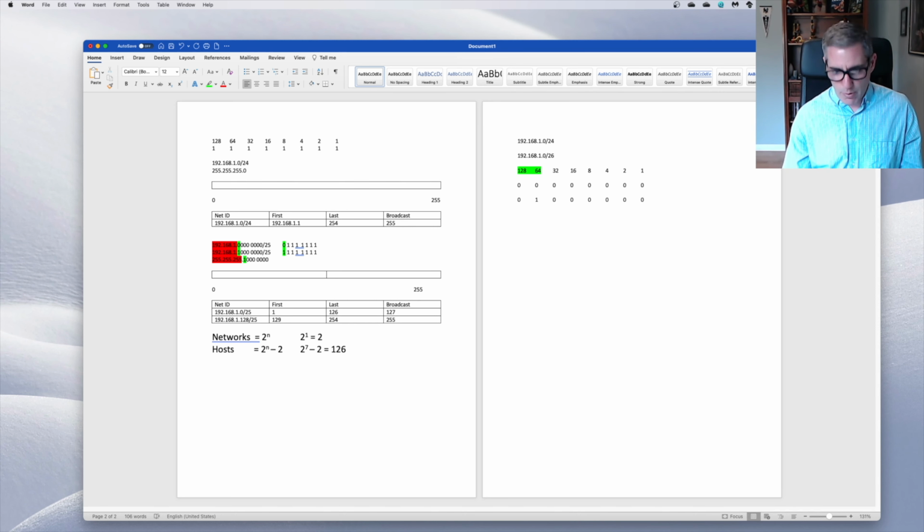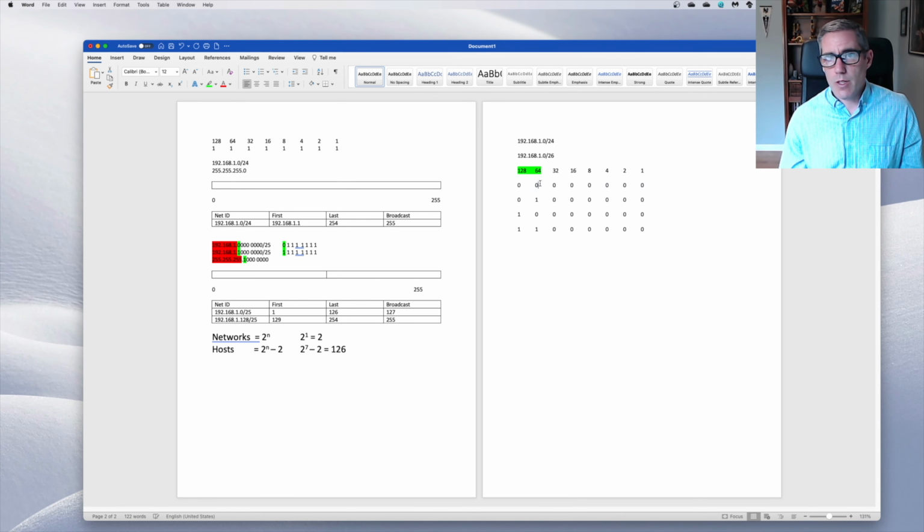Then for our next network, when you're counting in binary, if you add 1 to this, 1 plus 1 is 0, and we carry the 1. So that's 1, 0, and then all zeros. Then we have 1, 1, and all zeros. So this is our next network address.